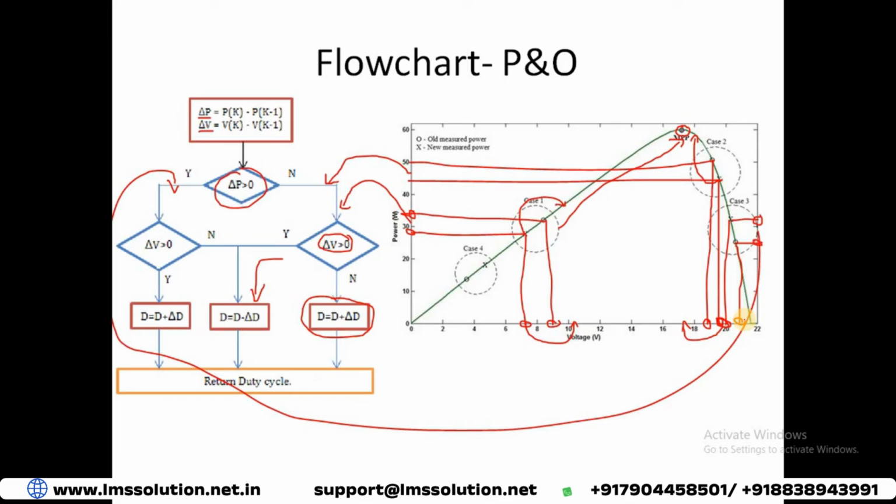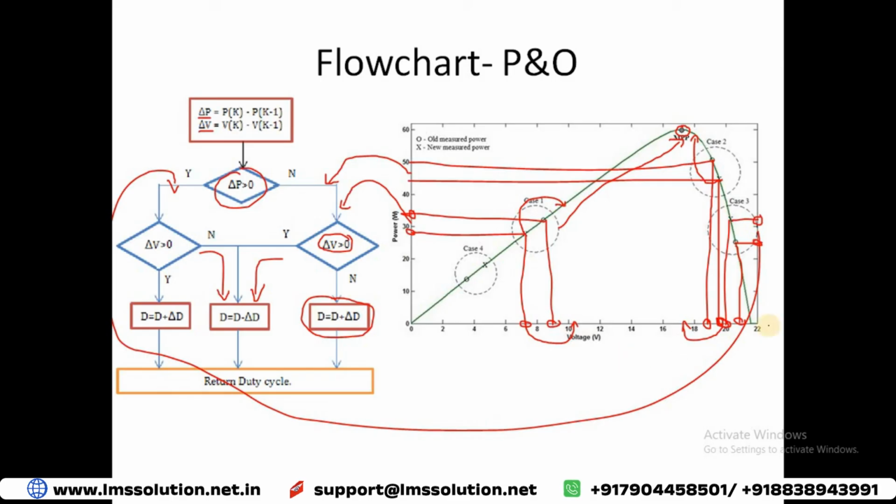So you take the difference, 20 minus 21, so minus 1 volt, right? Now del V is minus 1, so the condition is not true. You have to check whether del V is greater than 0 or not. Now the voltage difference is minus 1. The condition is not true. If the condition is not true, then you have to decrease the duty cycle.